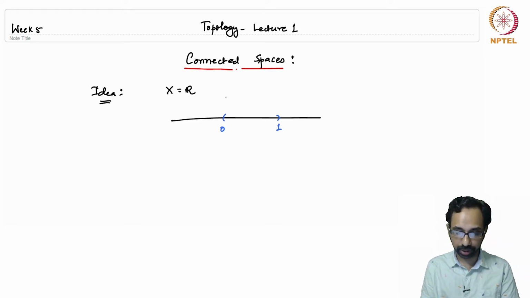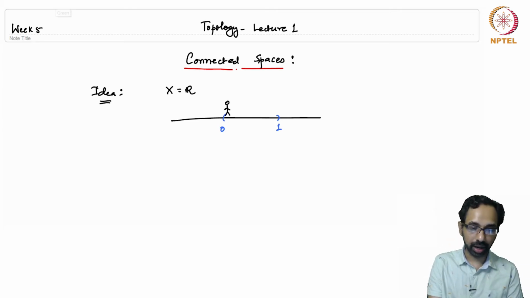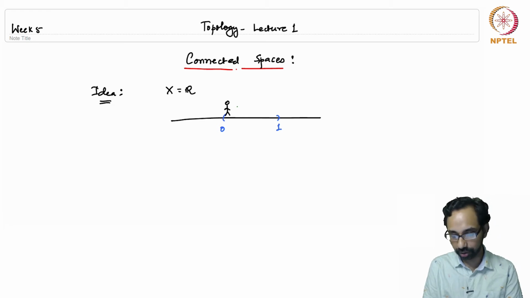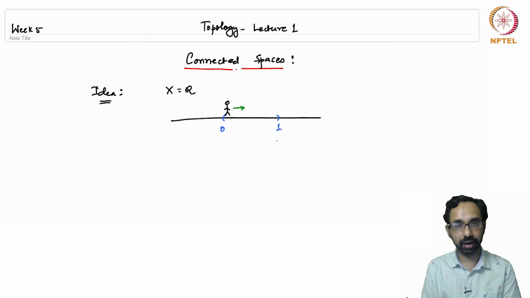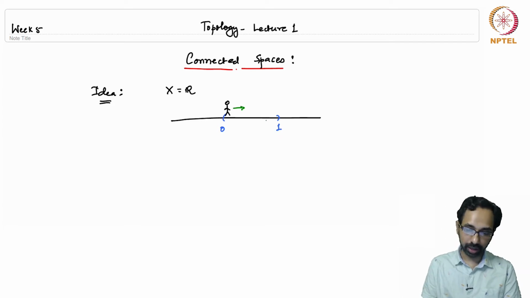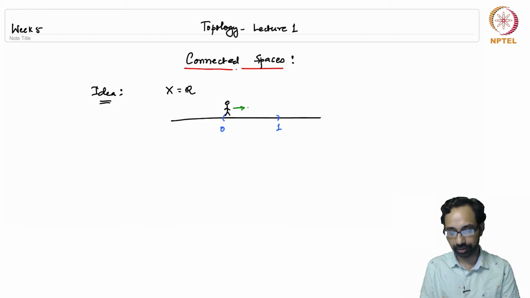Now suppose that you are standing near 0, so you are a stick figure standing near 0 and you want to walk to the other endpoint, which is 1. Now you can do this continuously without taking any jumps, right?